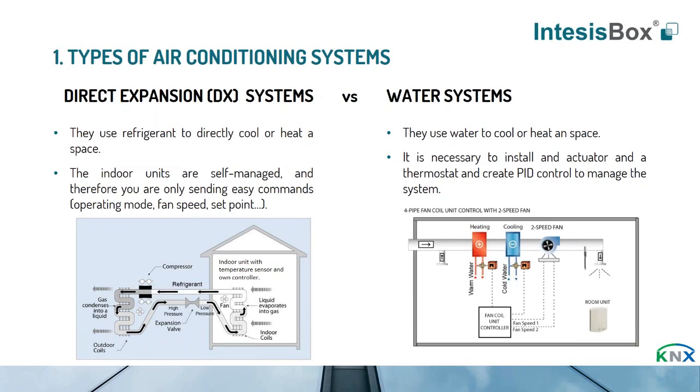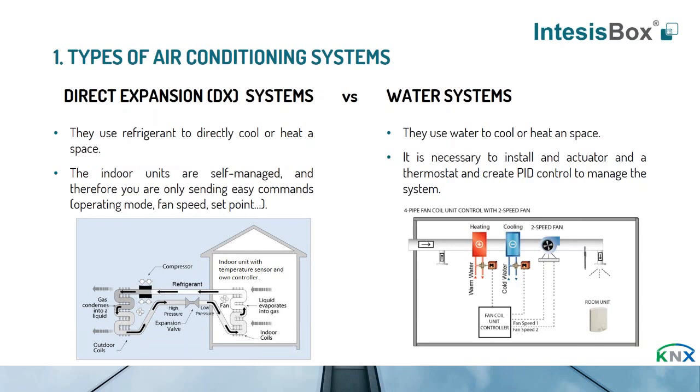But I have to say that the direct expansion systems are usually more, like you can find more often in your homes or in offices and commercial areas. So it's important to understand what is the difference between these two systems and how you will be able to integrate these systems into the KNX.